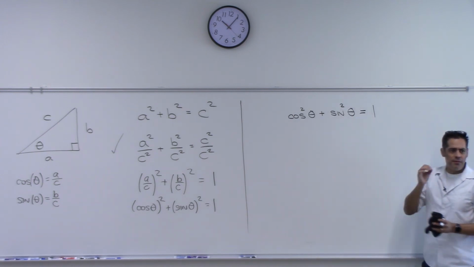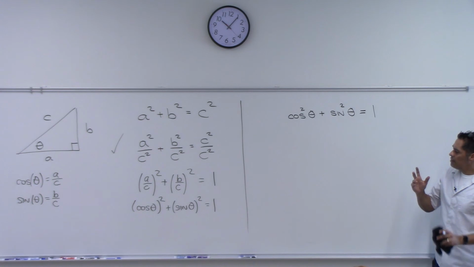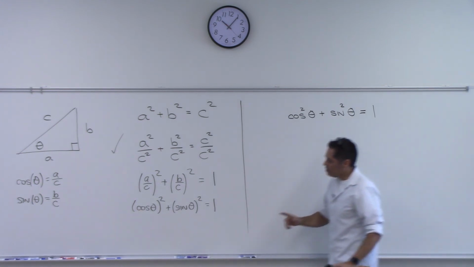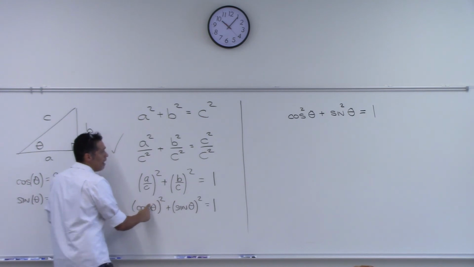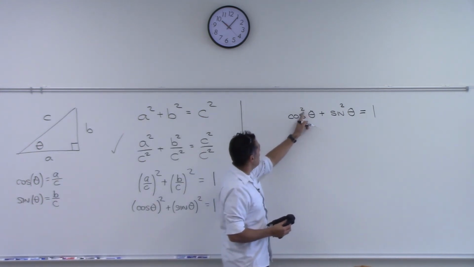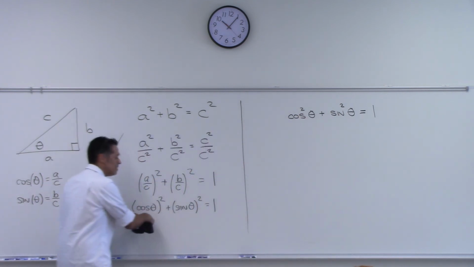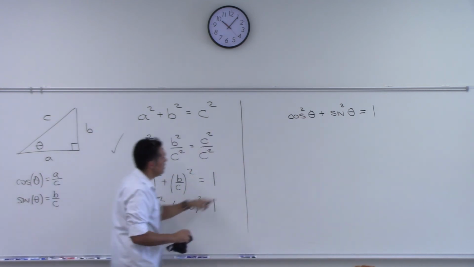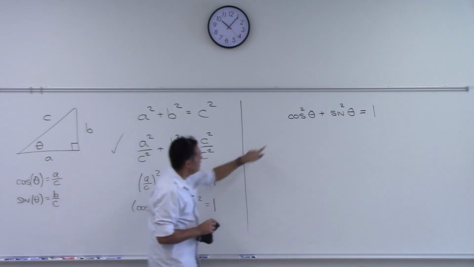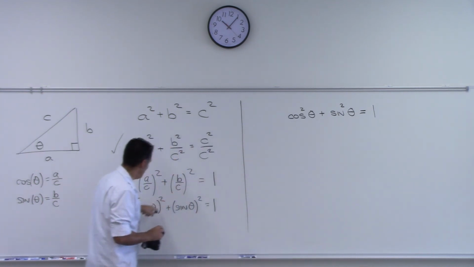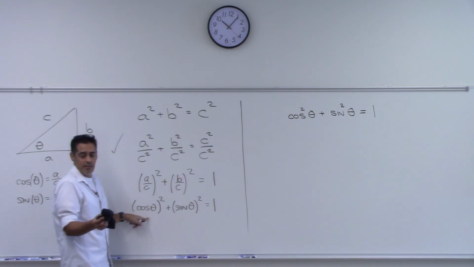This is one of the most confusing things in our notation with pre-cal stuff, is that if I want to do the cosine function and square it, I can put the 2 right between the s and the theta, and that means the same thing. So this notation means this. It's just notation, right?